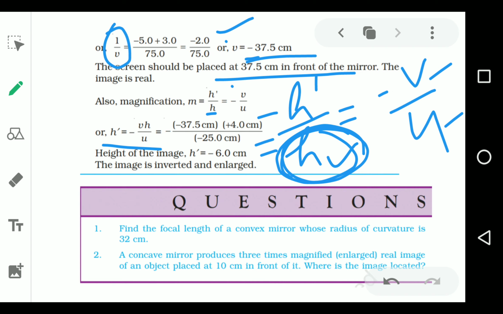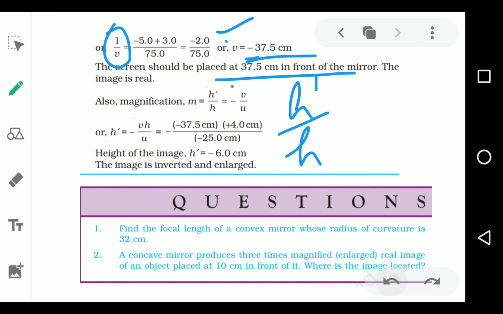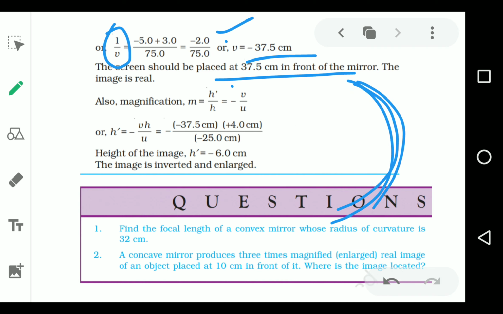Minus means the image is parallel to the negative y-axis. Here it is the concave mirror, and it has the y-axis. This much is positive y-axis, this much is negative y-axis, and h dash we are getting in negative, which means the image is parallel to the negative y-axis, so the image is inverted.